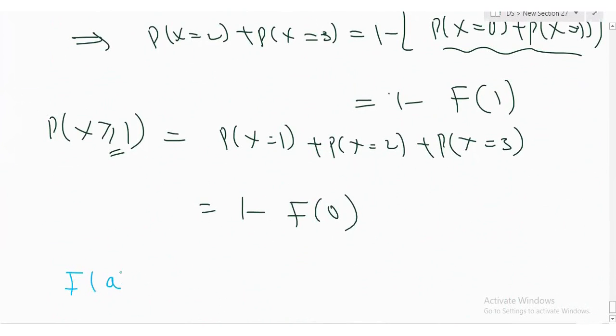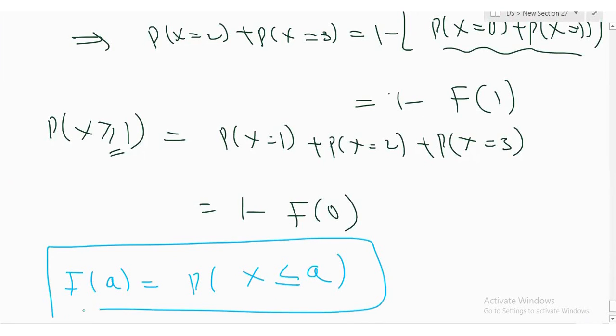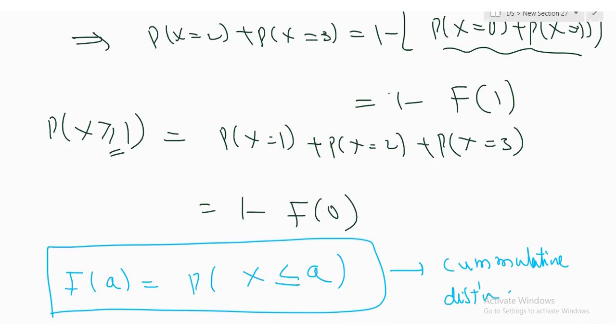Probability, if someone asks like this, what is the meaning of this? Okay, this is a cumulative distribution. Any questions?